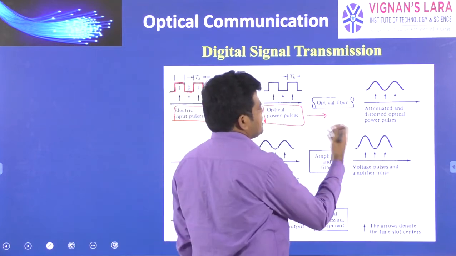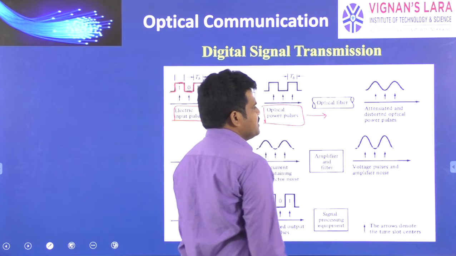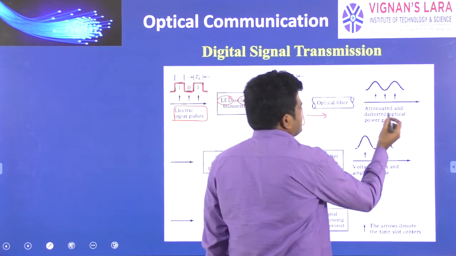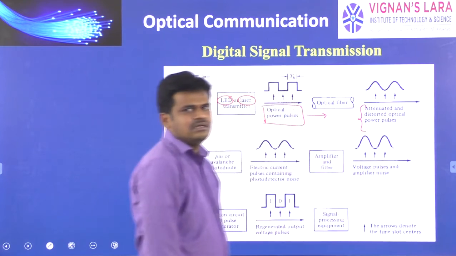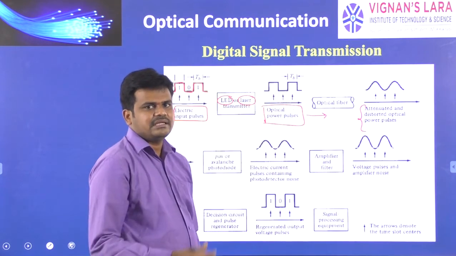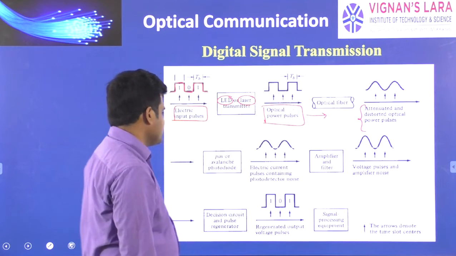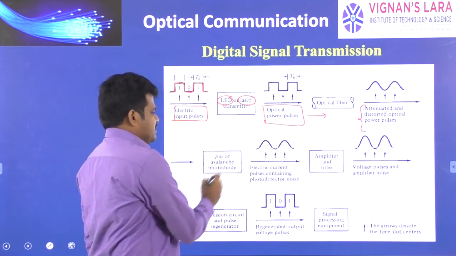What is happening outside the optical fiber cable? Some part of the output waveform gets attenuated or distorted and is applied to the photodetector.